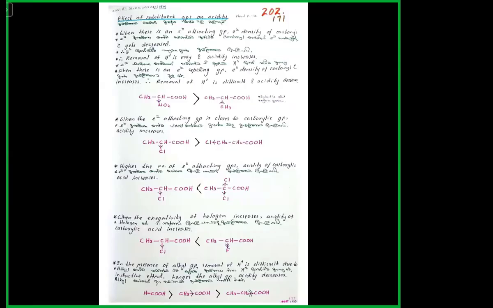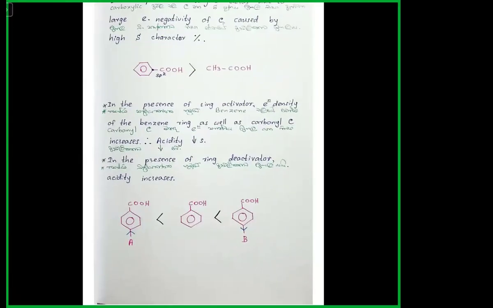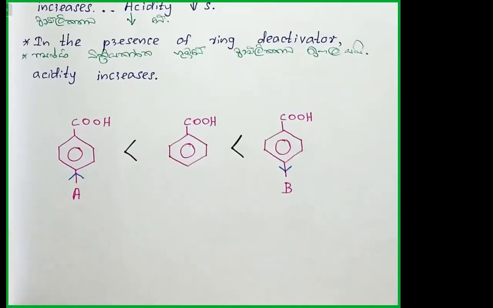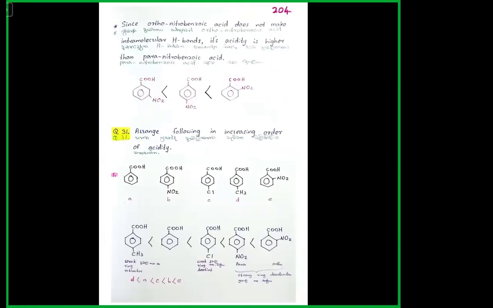When the electron attracting group, the group which is more electronegative, joins closer to COOH, acidity is high. When the electronegativity is high, acidity is high. And when the inductive effect is less, acidity is high. And ring activator, acidity less. Ring deactivator, acidity high. Listen to this twice, then you would feel really comfortable.